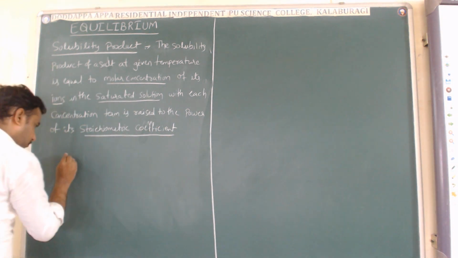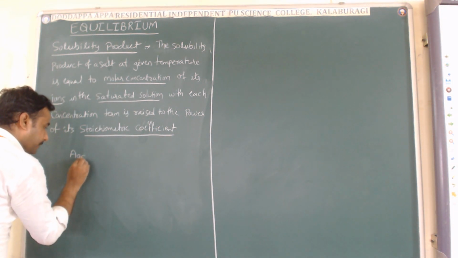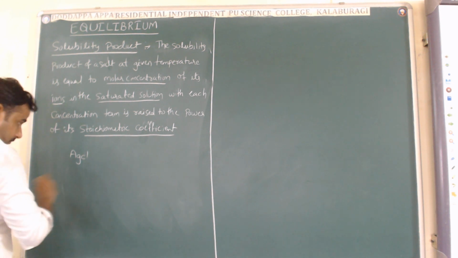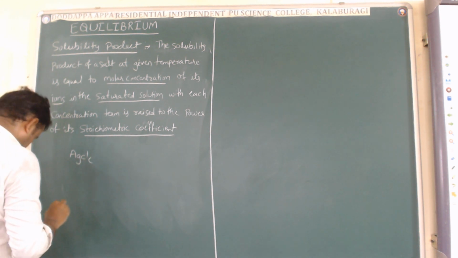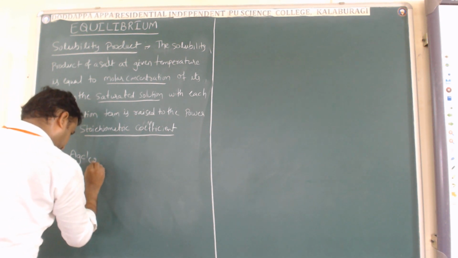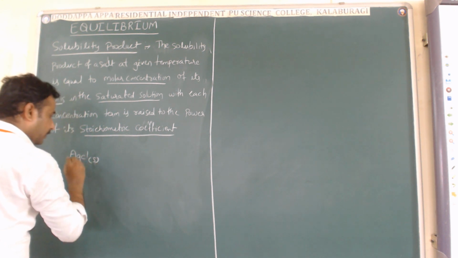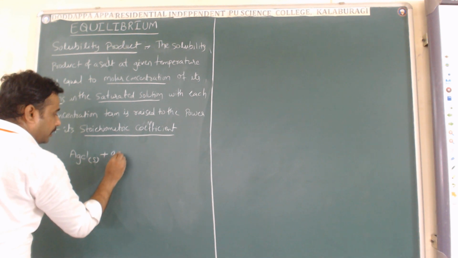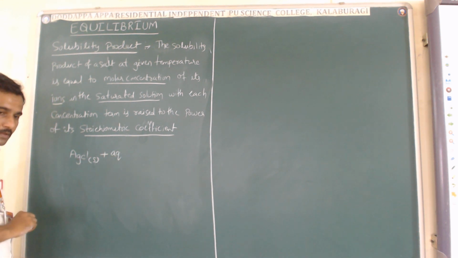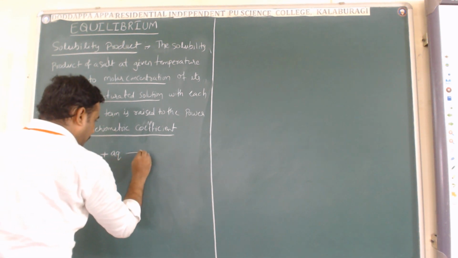Take the solubility product of AgCl, silver chloride. It is in the form of a solid. When you dissolve it in water, that is aqueous, then what happens?